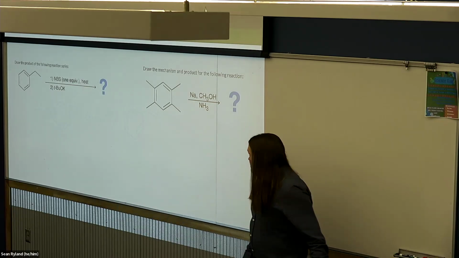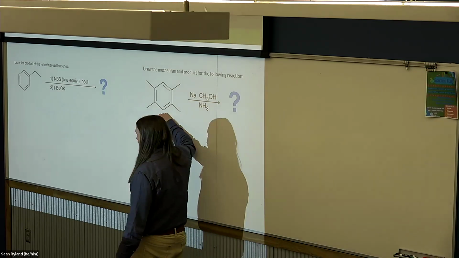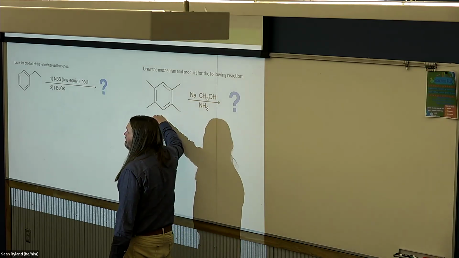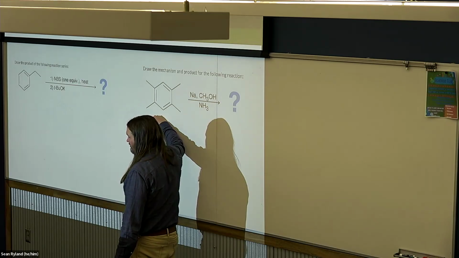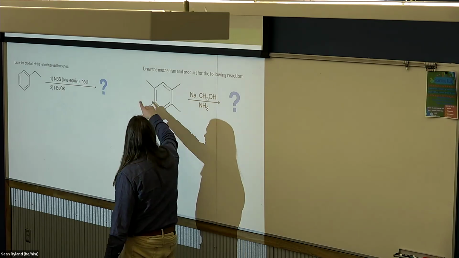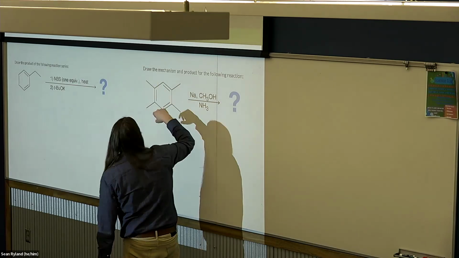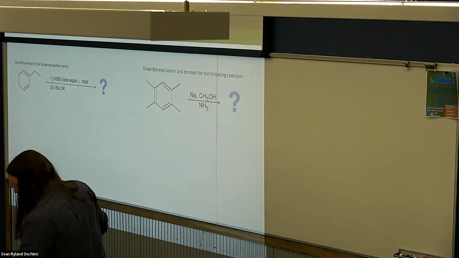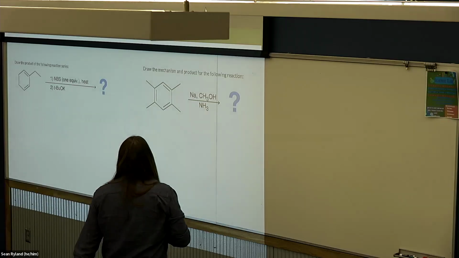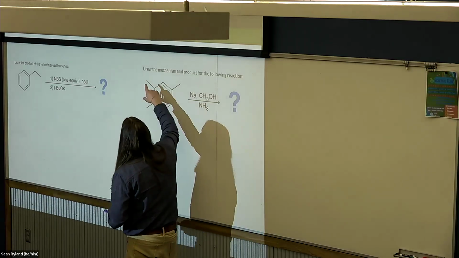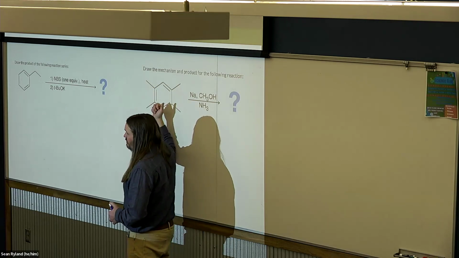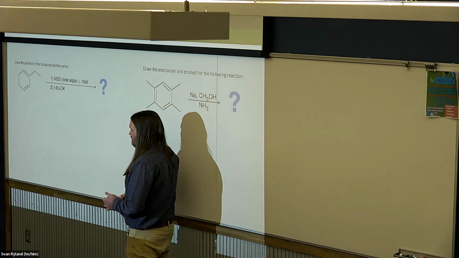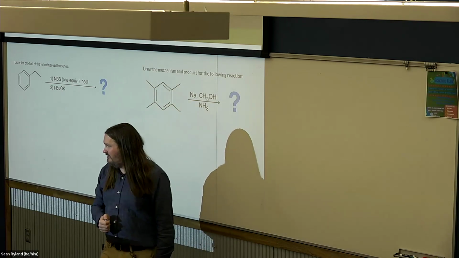And this is one where you might want to draw the product first, so that you know where to draw your electrons attacking and moving. For this Birch reduction, we know that having different substituents changes which carbons get reduced and which ones keep the double bond, right? Yeah.